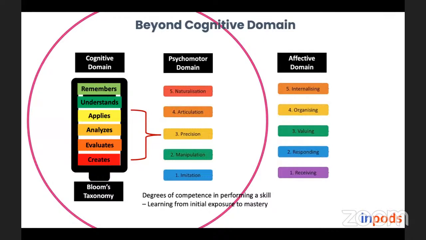So people are familiar with these terms, but you have to also remember that there is a hidden dimension here, related to the psychomotor domain, which also has some steps involved in it, which start at imitation, manipulation, precision, articulation, and naturalization. These are called degrees of competence in performing a skill. So learning from initial exposure to mastery.